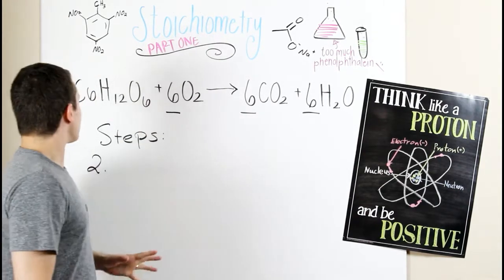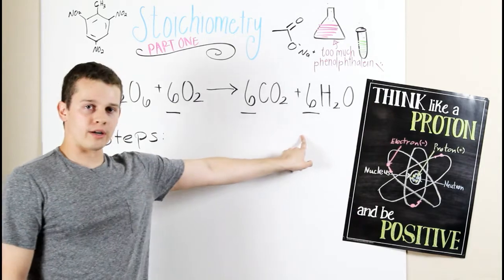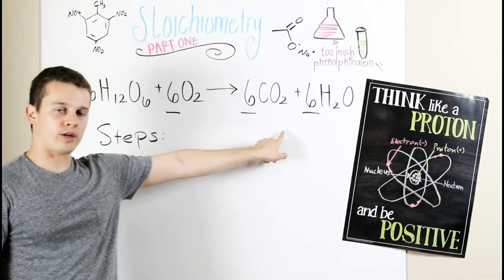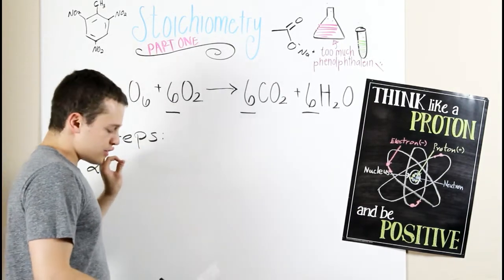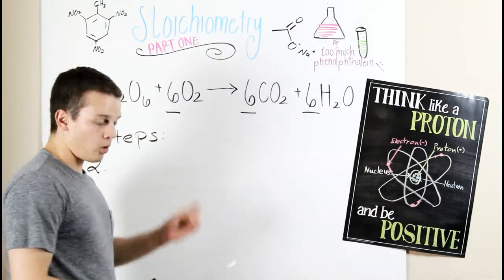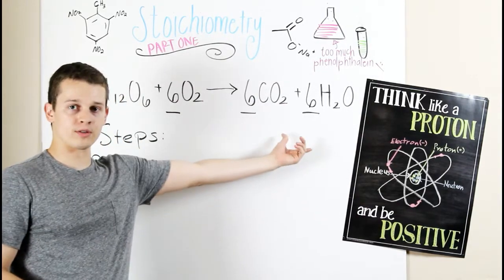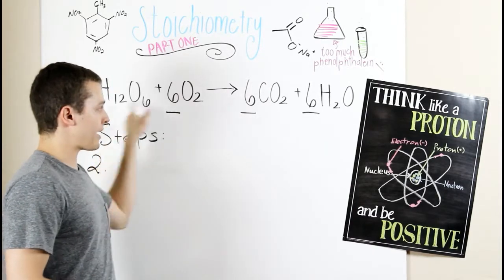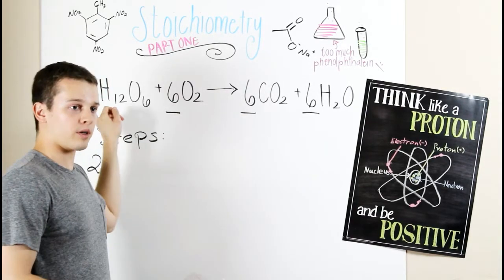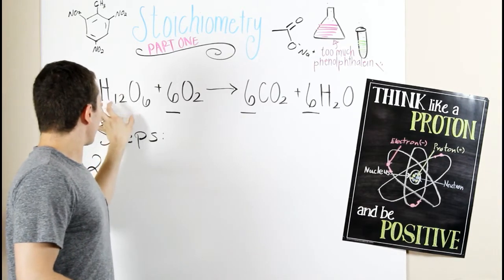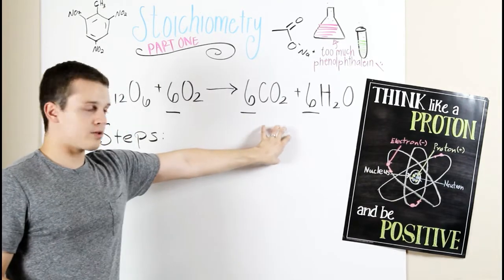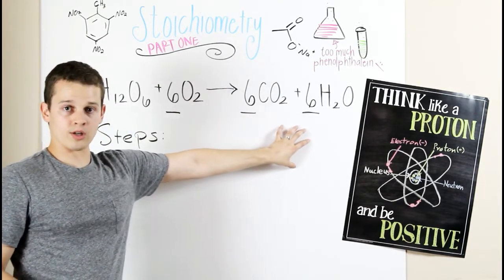Alright, step 2. Like we talked about earlier, we're going to want to use this mole ratio here. We want to use this mole ratio to convert the moles of the reactant to the moles of whatever we're trying to figure out. In this case, we're going from a reactant to a product. We're going to convert the moles of our reactant to the moles of our product, whichever it is we're solving for.